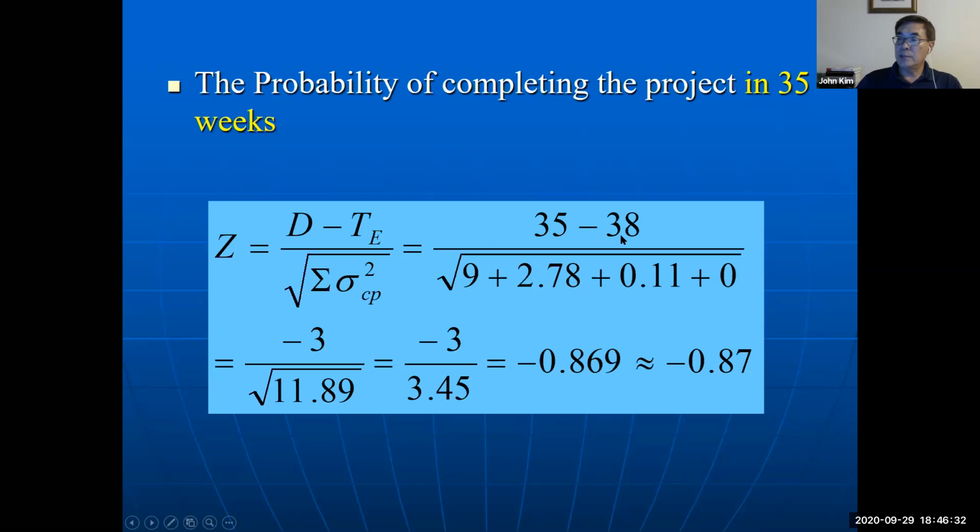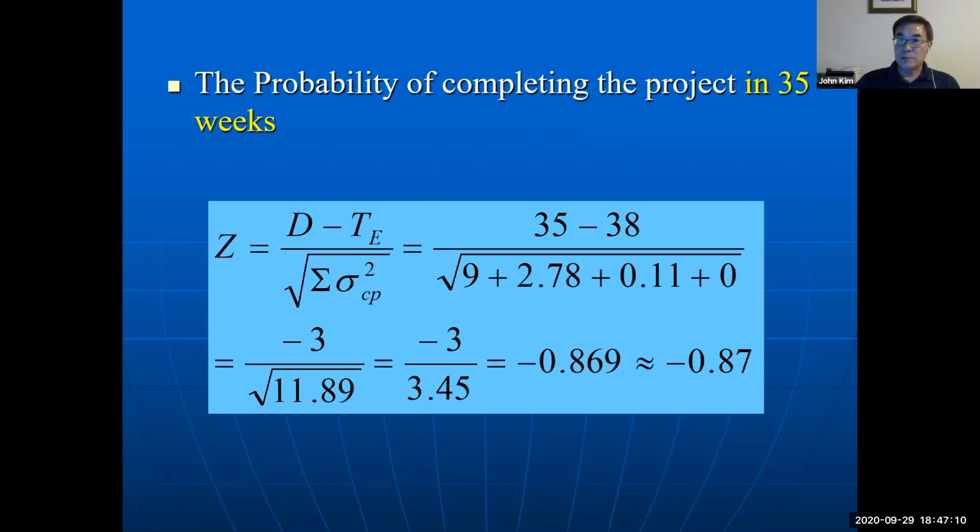Expected time is 38. And the square root of the variance on the critical path, 9 plus 2.78 plus 0.11 plus 0, equals negative 3 divided by the square root of 11.89, equals negative 3 divided by 3.45. The result is approximately negative 0.87.